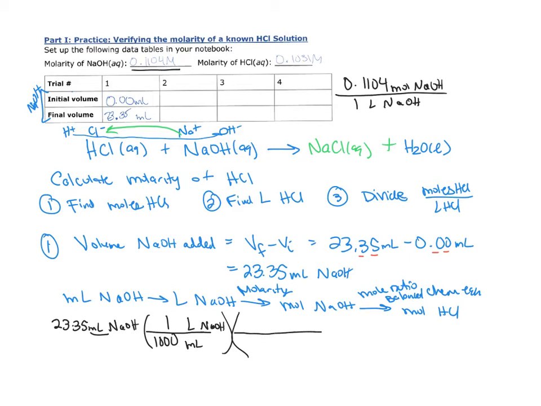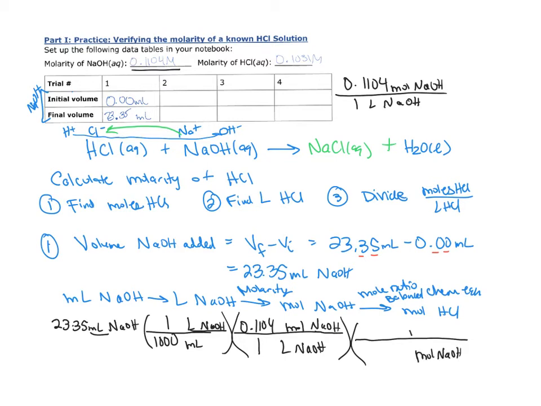And I can see I'm starting with liters of NaOH, so that needs to go downstairs. I want to convert to moles of NaOH, so that goes upstairs. 1 liter contains 0.1104 moles. And now I convert from moles of NaOH to moles of HCl. So I'm starting with units of moles of NaOH, so that goes downstairs to cancel.